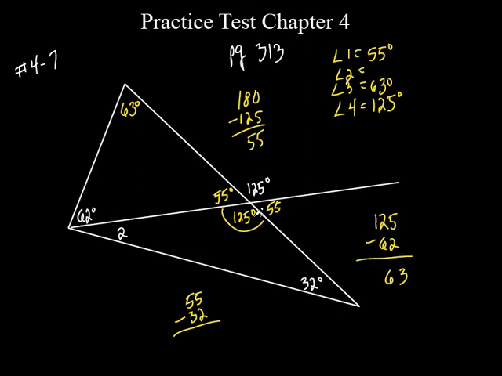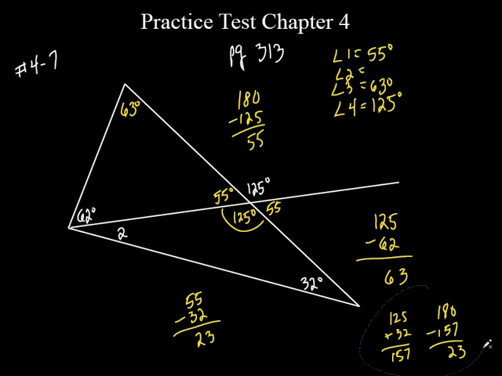So what could you have done to figure out this angle besides 55 minus 32? Yeah, you could have taken these two away from 180, right? So you could have gone 125 plus 32 is 157, and take 157 away from 180, and that's 23. Or you could have done it this way and gotten 23.